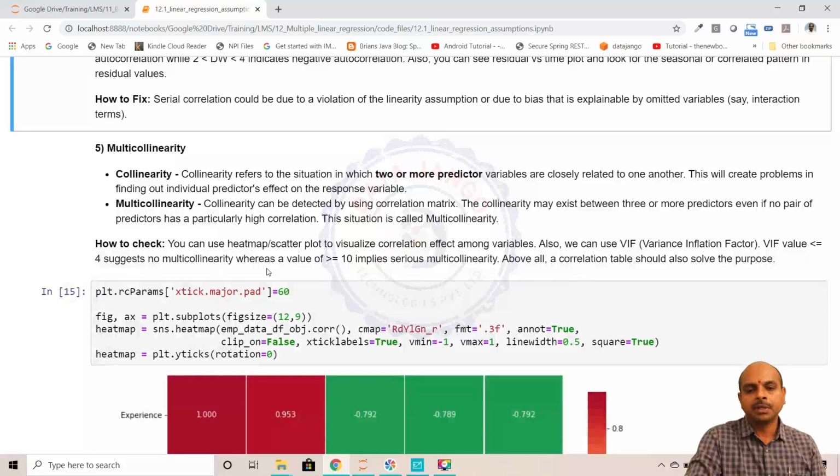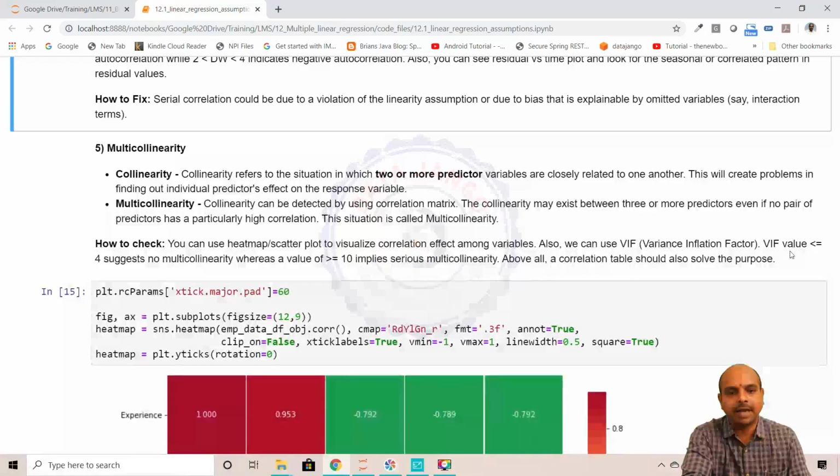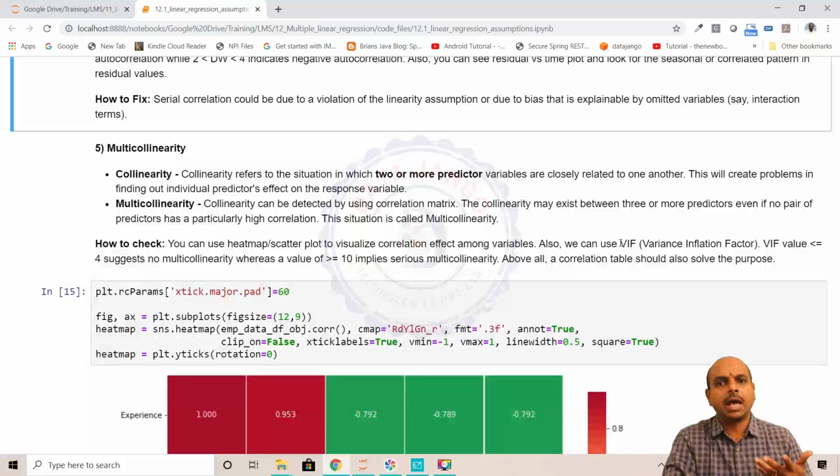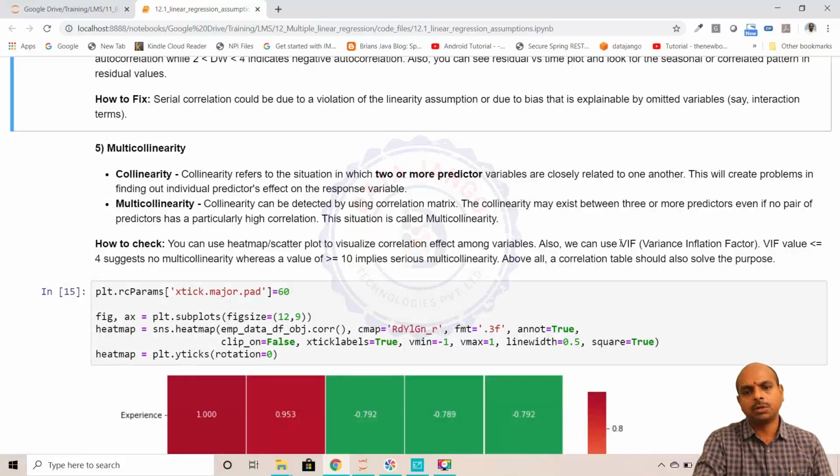You can also use a statistical test called variance inflation factor. If the value is less than 4, no multicollinearity is there. If it is greater than 10, serious multicollinearity is there. In Python, I didn't find any method to do variance inflation factor, but in R we have methods to do that.